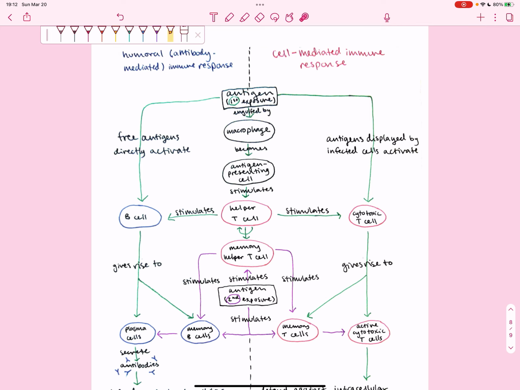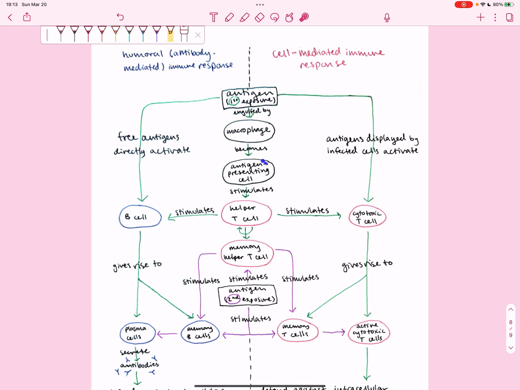So you have your first exposure to an antigen right here. Free antigens directly activate your B cells, okay? And the antigens displayed by infected cells activate your cytotoxic T-cells, but antigens can also be engulfed by macrophages.